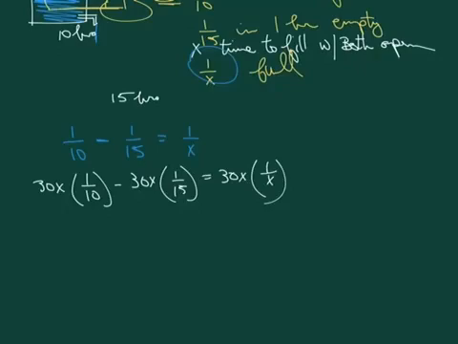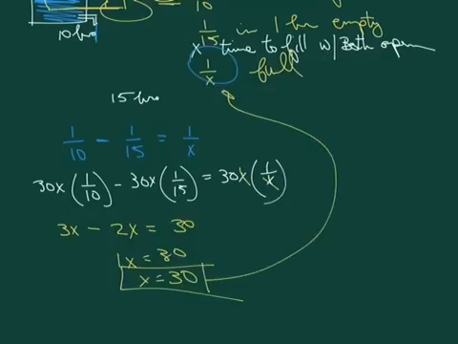So we have 30x over 10, which is 3x. 30 over 15 is 2x. And my x's here cancel. So 1x equals 30. So x equals 30. So that x right there is 30. So in an hour, 1/30 of it would be full, which means in 30 hours, the whole thing would be full. So 30 hours is my answer there.